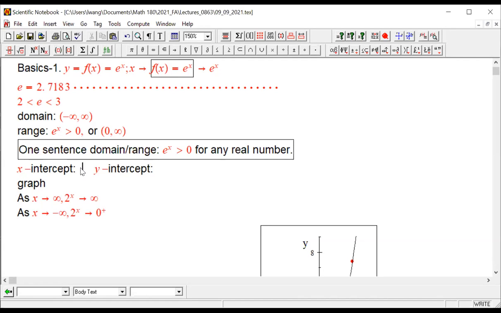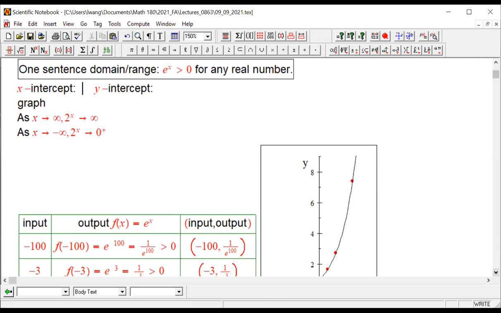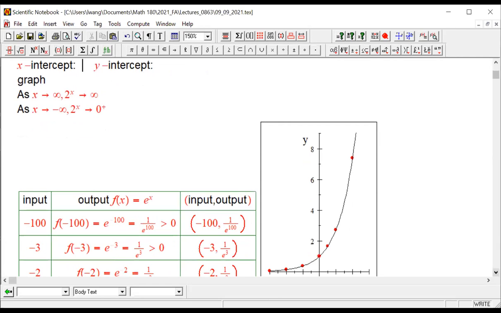Now, what's the x-intercept? What's the y-intercept? Look at the picture again. Where the curve crosses the x-axis, where the curve crosses the y-axis.